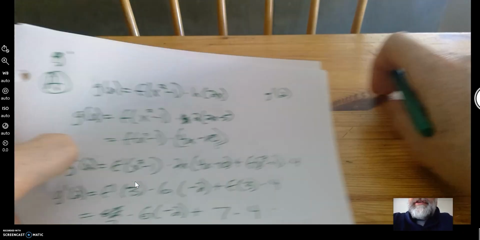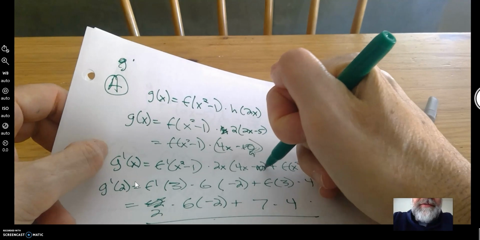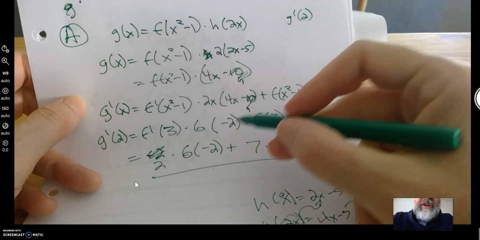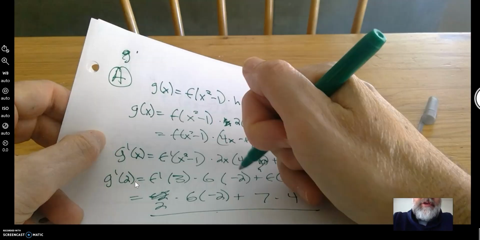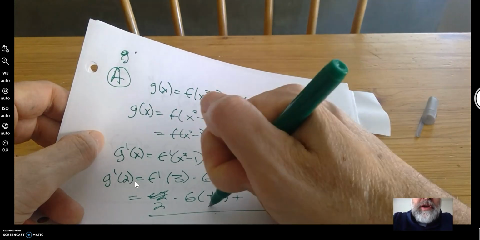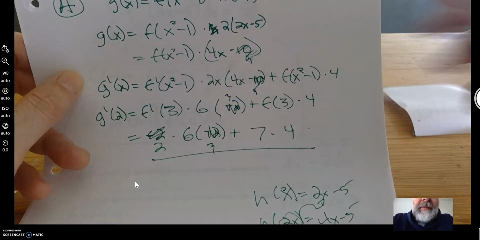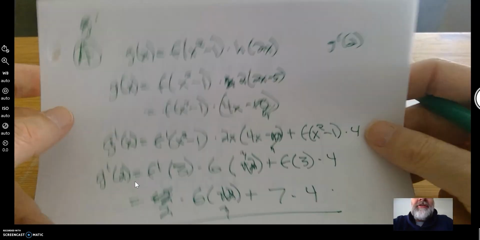And so this should be 5. And you're finding g prime of 2, so that's 8 minus 5, which is 3. That looks like the only place it affected things, so we're good. I lost a point there.